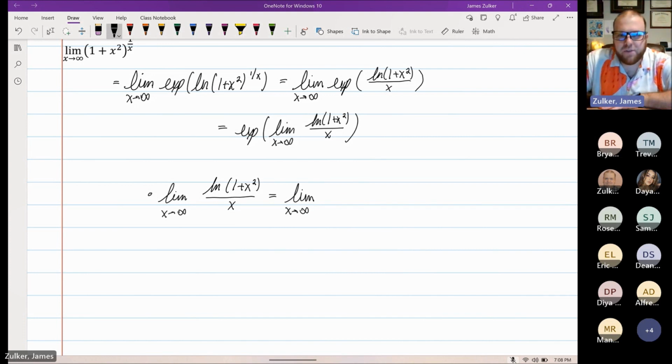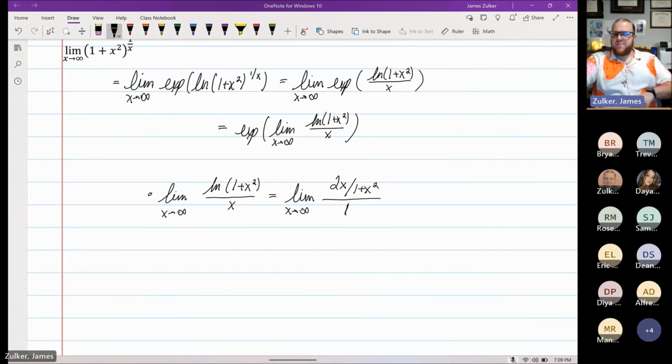Look at the numerator function first. Derivative of the 1 plus x squared is 2x. We divide that by 1 plus x squared. Right, then it's over the derivative of x, which is just 1.